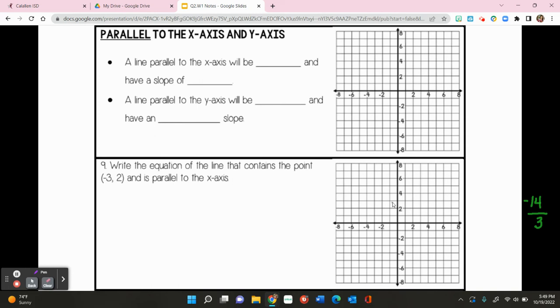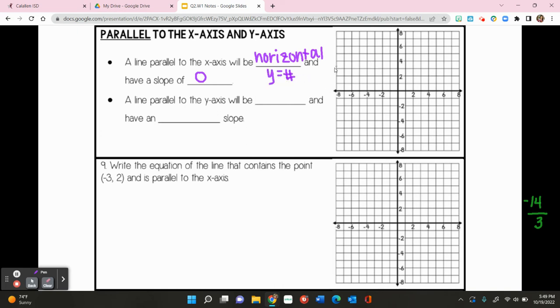A line that is parallel to the x-axis will be horizontal and have a slope of 0. Anytime I have a line that is parallel to the x-axis, the equation for that will be y equals some number.